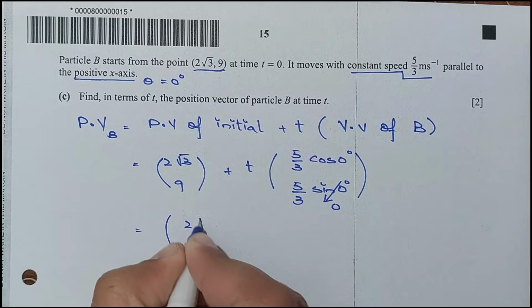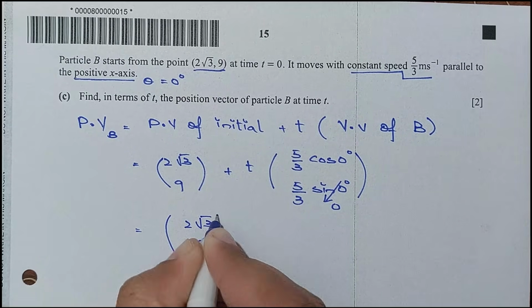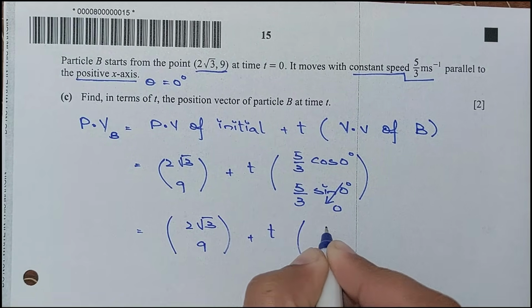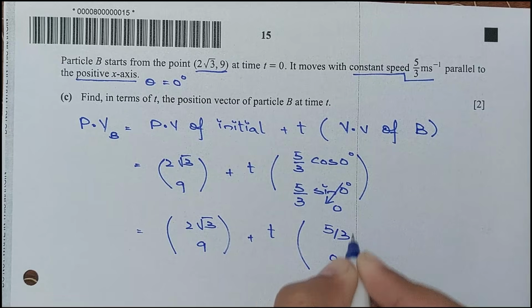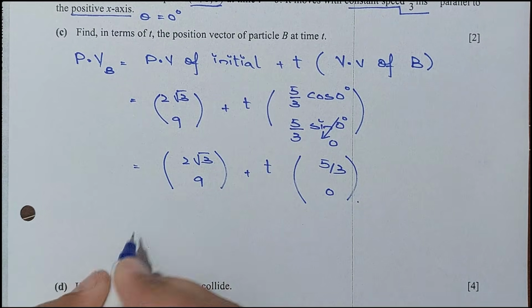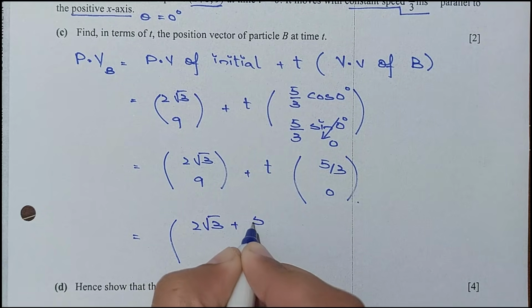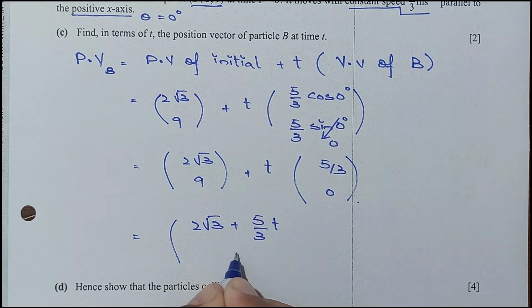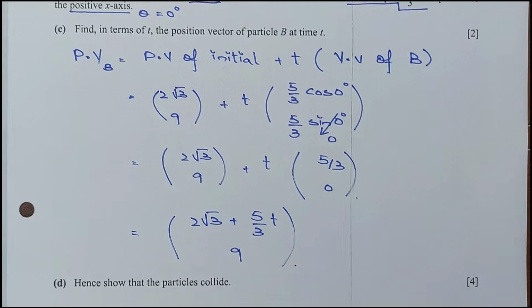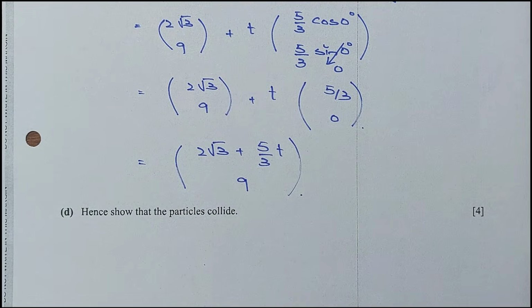This is (2 root 3, 9) plus t times (5 by 3, 0), or (2 root 3 plus 5 by 3 t, 9). This is the position vector for particle B.